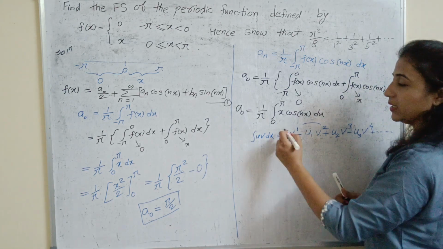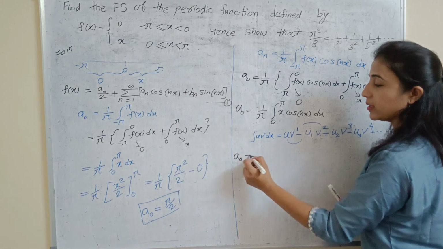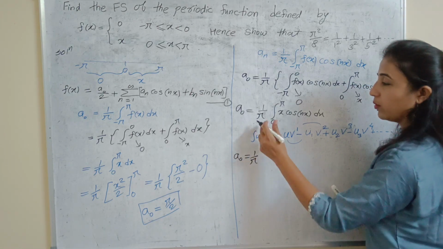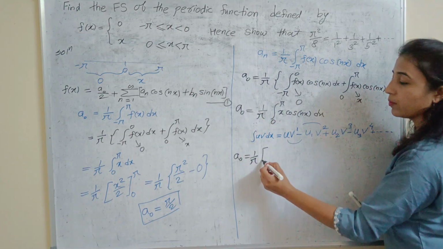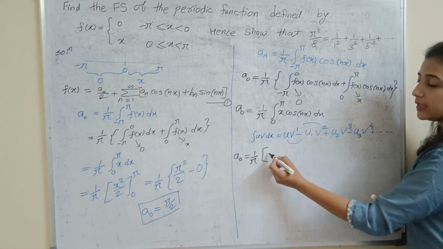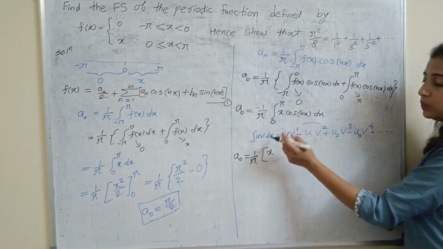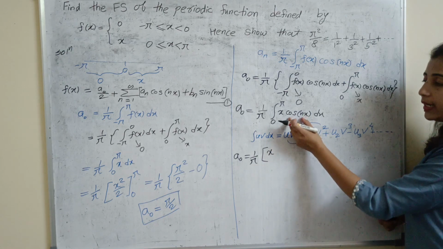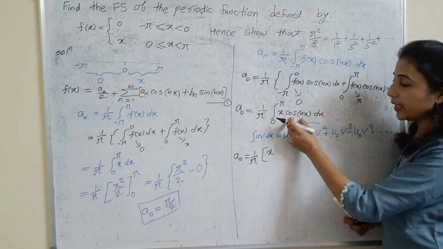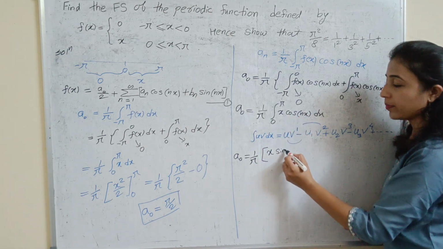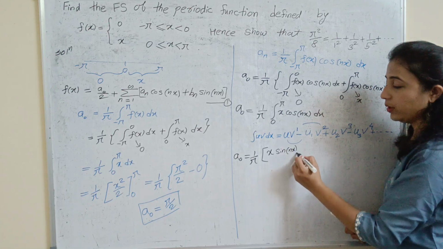So if I apply this formula, 1 upon pi constant as it is, u as it is, x is our u, so first is u as it is, integration of second term, so integration of cos is sine nx upon n.